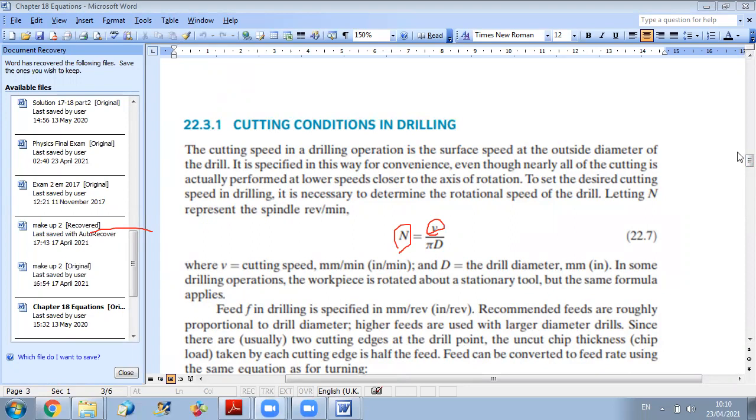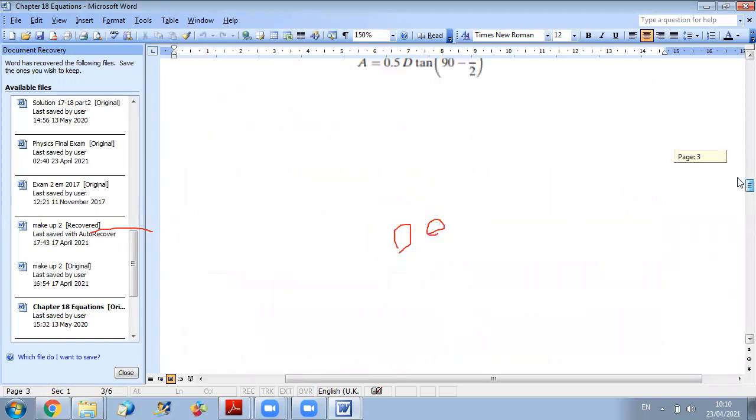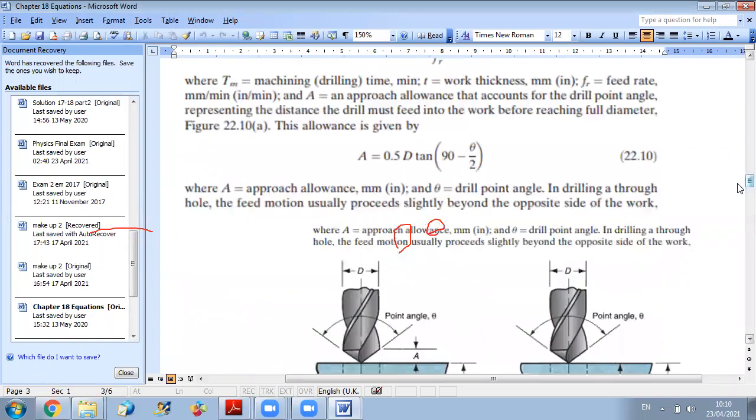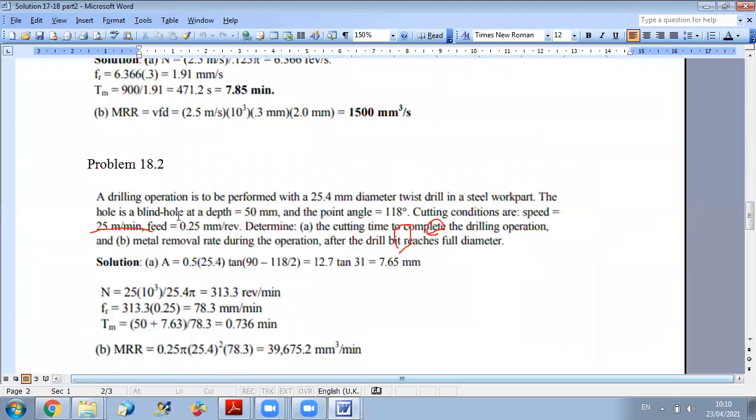Now, also we distinguished two types of possible holes. If you remember, we have the through hole and blind hole. In this problem, I think they said we have a blind hole.